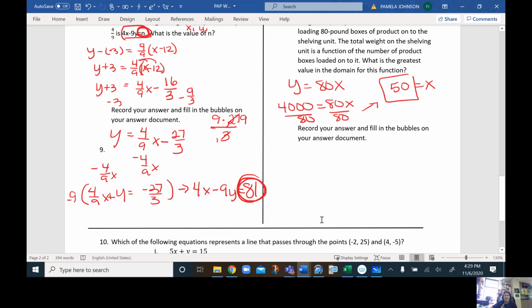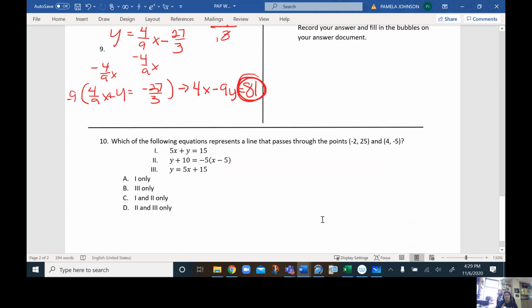And for number 10, which of the following equations represents a line that passes through the points (-2, 25) and (4, -5), okay? So again, we need to be able to do point-slope form, and then get it into standard form and slope-intercept form, okay? So I need to find my slope first.